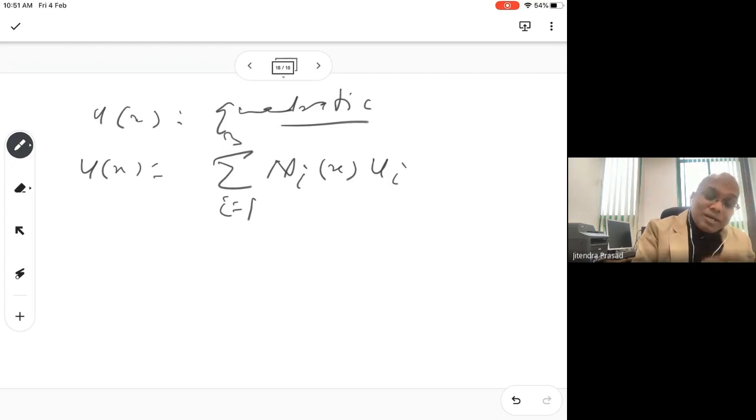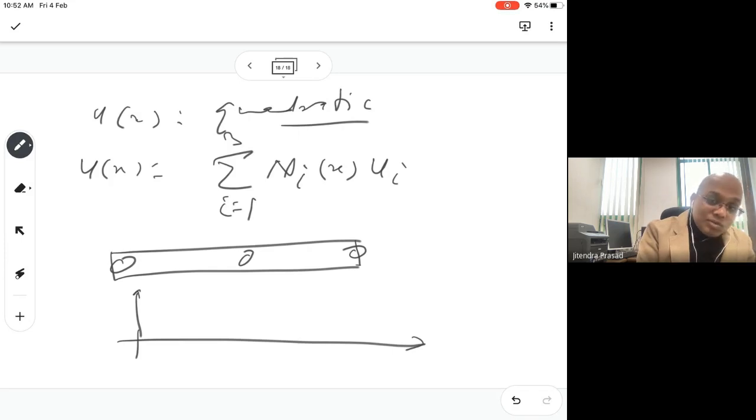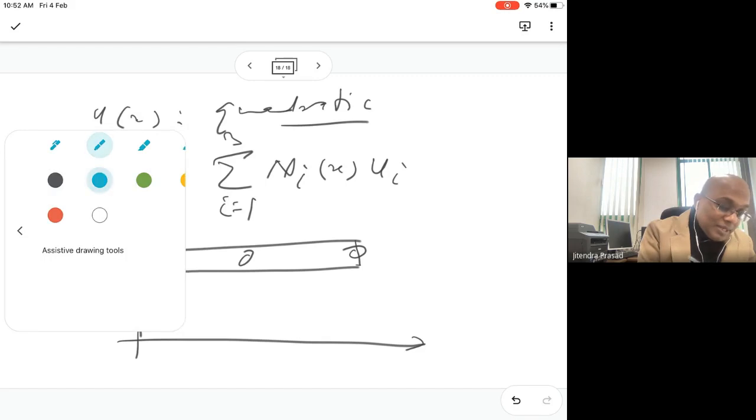We'll come back to it later on, okay? But I'll just give you a hint that in that case you have to formulate an element which has 3 nodes, and within that you will have 3 kinds of shape functions, and the shape functions are going to move something like this.